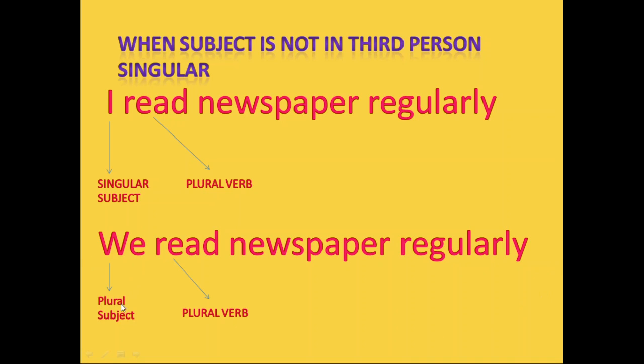In this, we is a plural subject and read is a plural verb. In case of the first and second person, there is no rule applicable. So, if the subject is not in the third person, the rule of a singular verb with a singular subject and plural verb with a plural subject is not applicable.